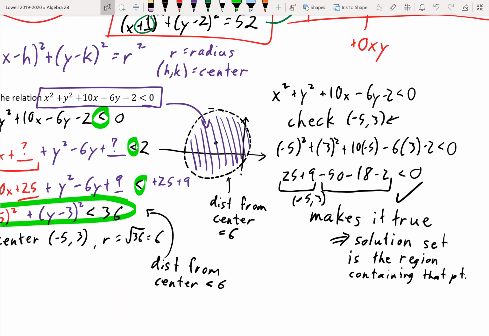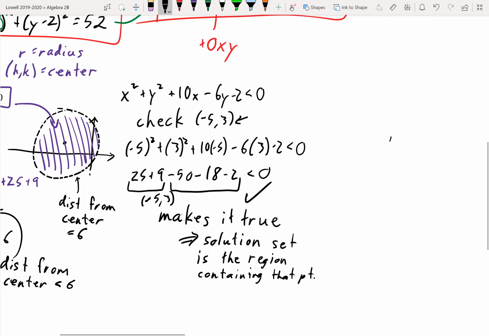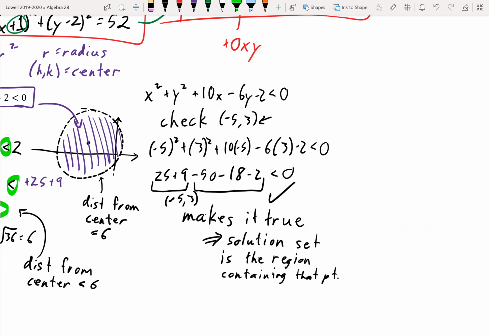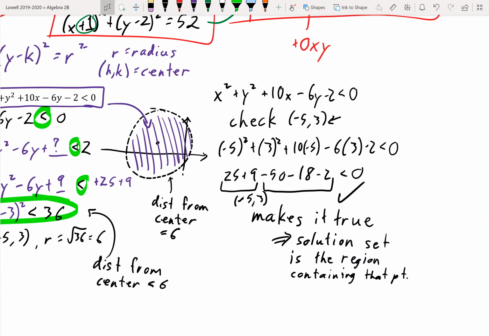That's nice. But with some equations, so maybe if I had a sideways parabola, what does above or below mean? Because this region up here is both above and below. So that's why I like this method, which always works: if you check a point, it tells you whether to shade in that region or not.